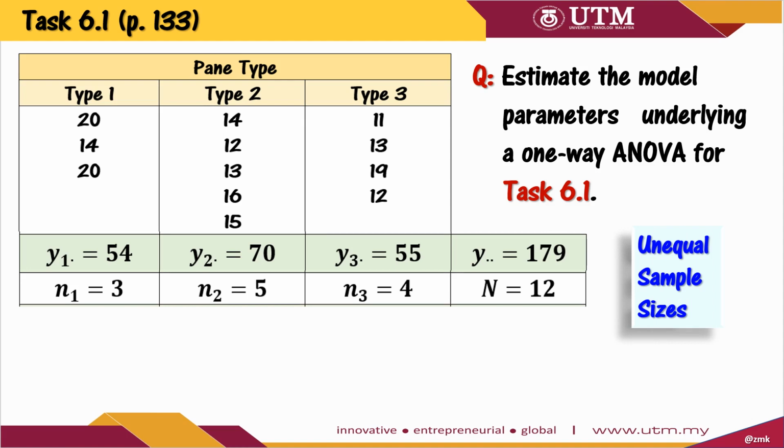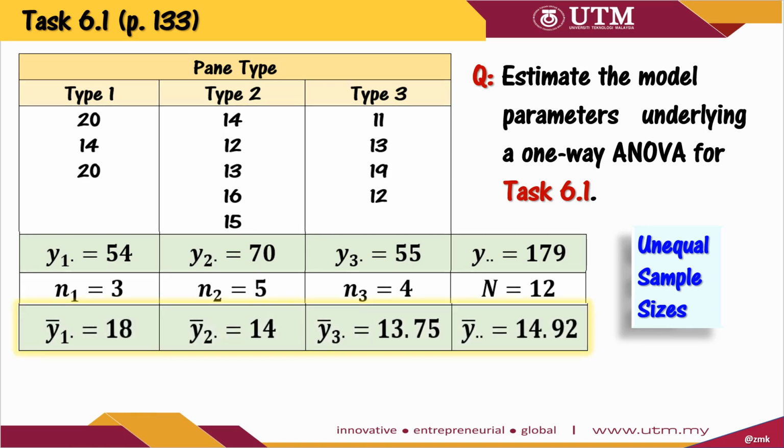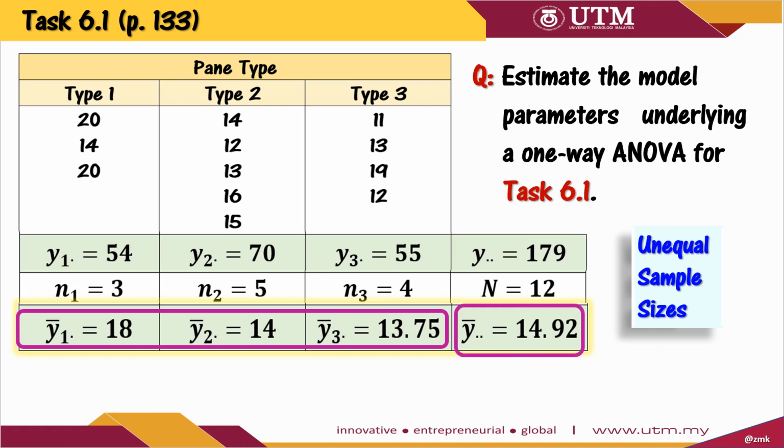Dividing the level totals by the corresponding level sample sizes, you can obtain the estimated level means given as follows, whereas the grand mean is estimated by dividing the grand total by the total sample size capital N, which gives us the estimated grand mean of 14.92.